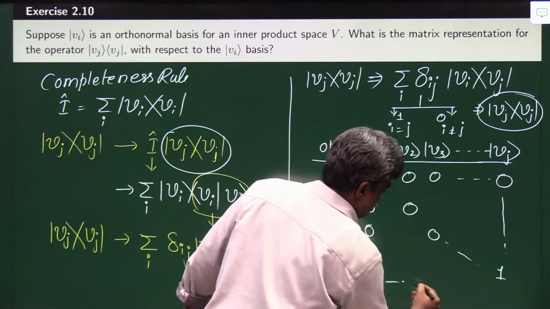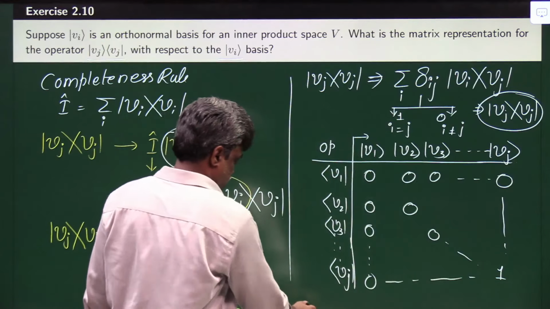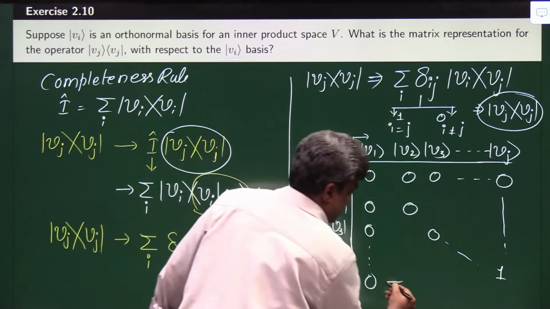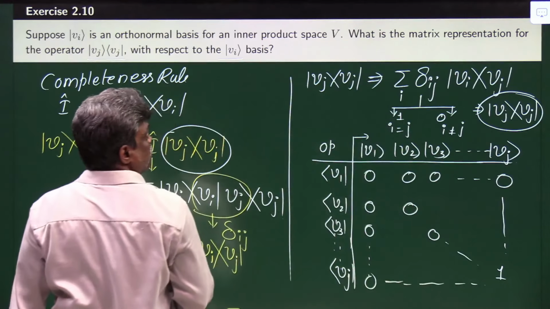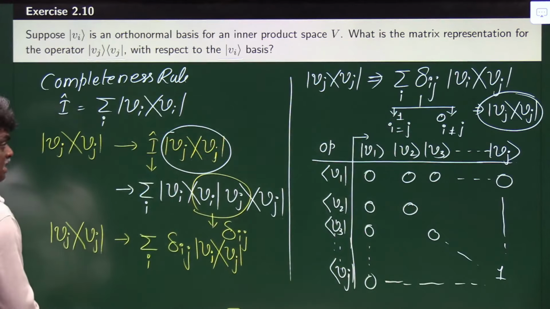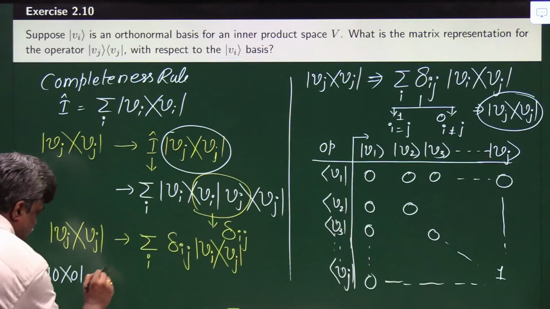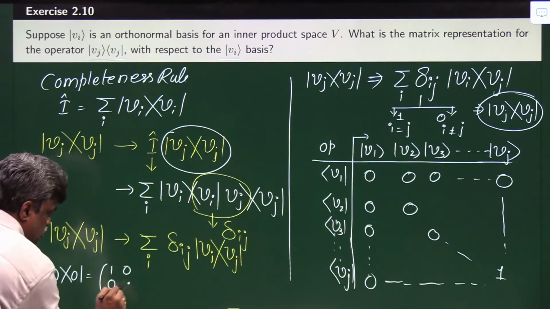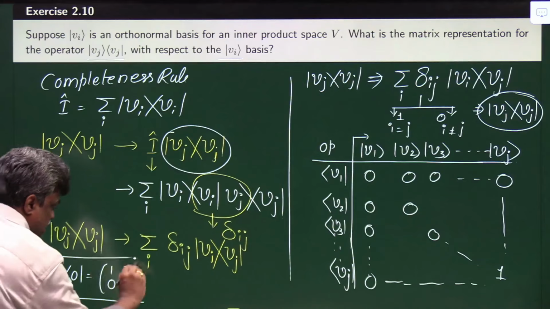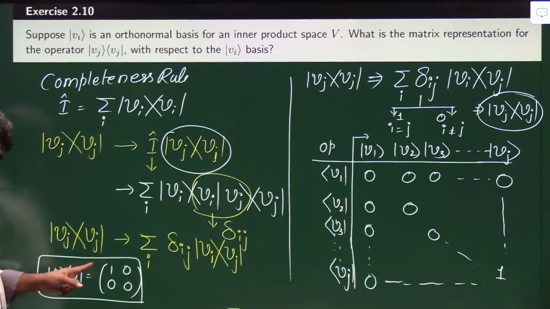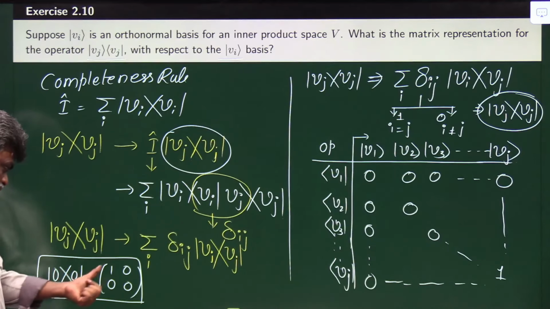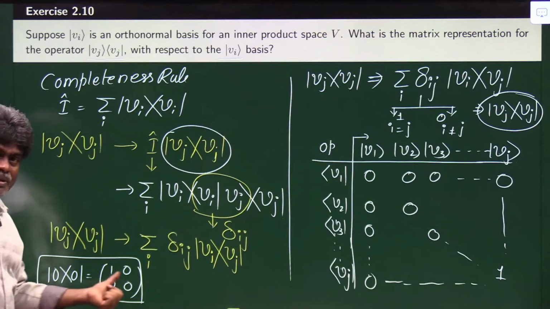So if you want some more clarity, here is a good example. For example, if you want to write |0⟩⟨0|, which is nothing but the matrix [[1, 0], [0, 0]]. This is the matrix representation. So only the element corresponding to ket 0 and bra 0 is 1, the rest of the elements are 0.